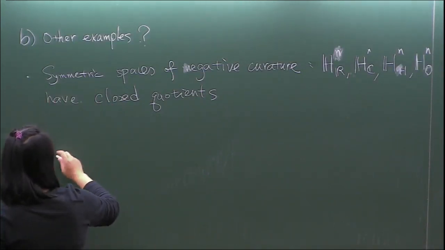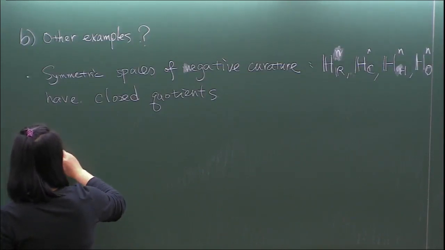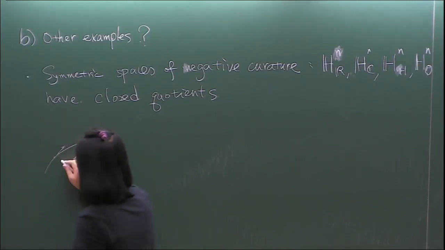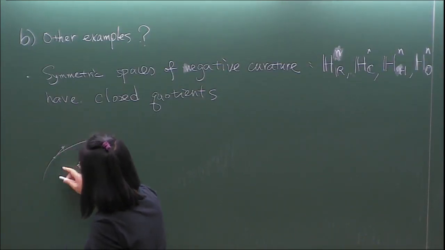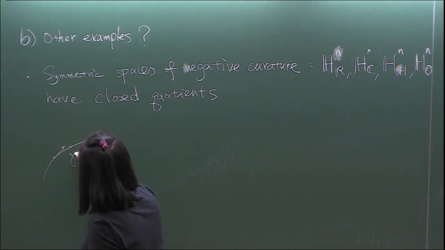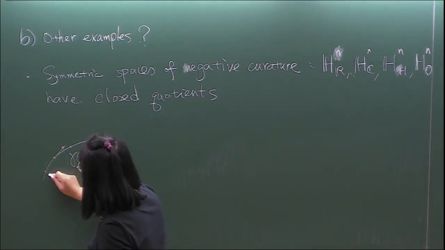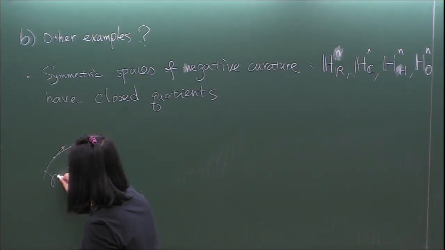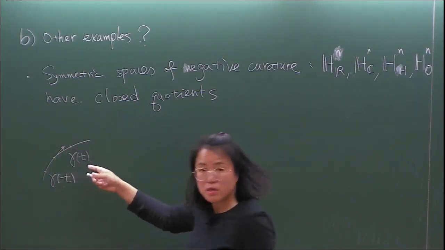If you have a manifold, then for each point locally, you can have this exponential map, right? So you are given a geodesic, and if t is very small, then gamma t and gamma minus t always exist.